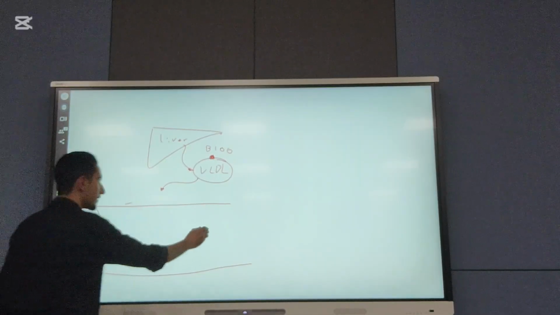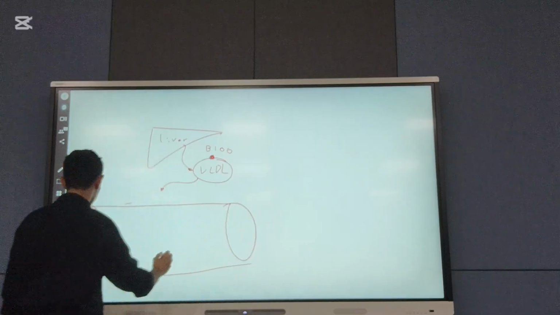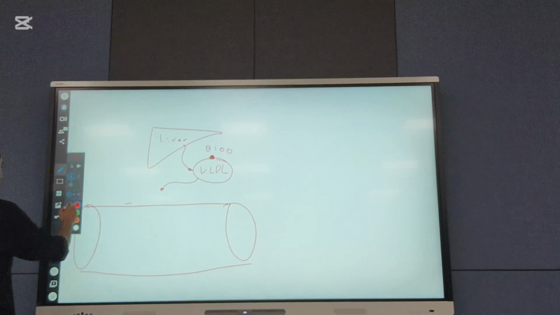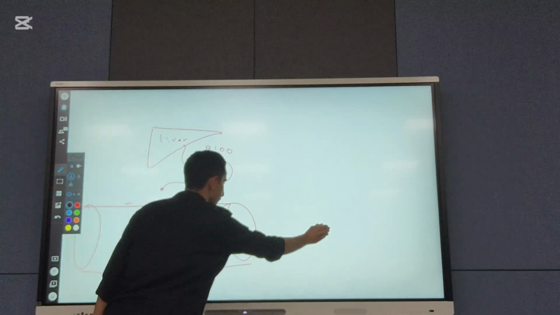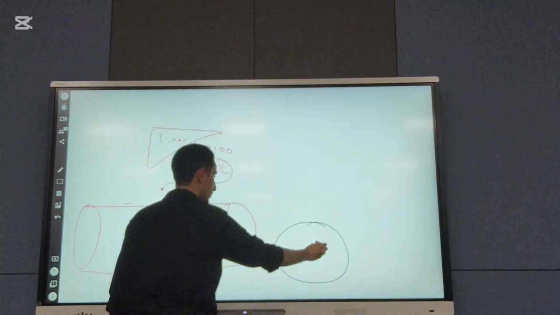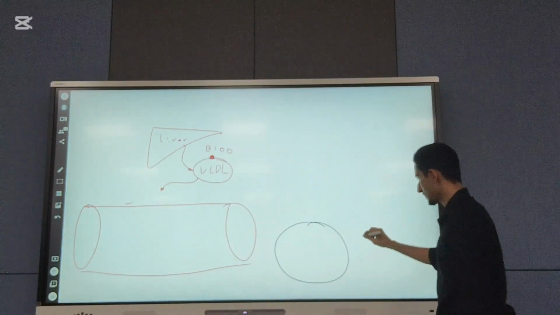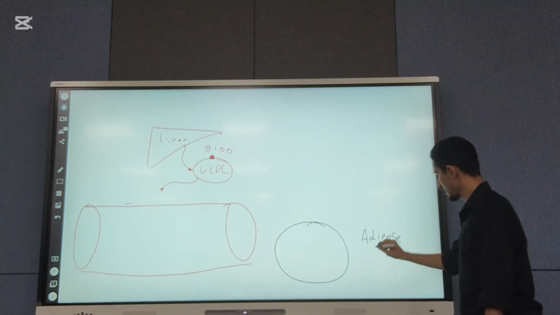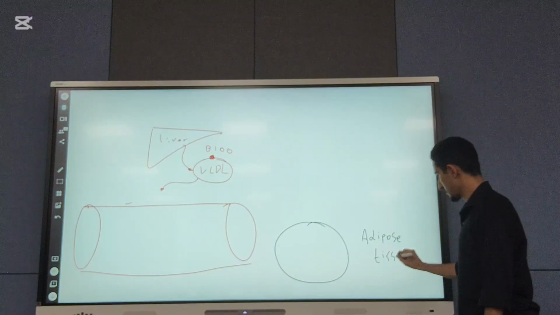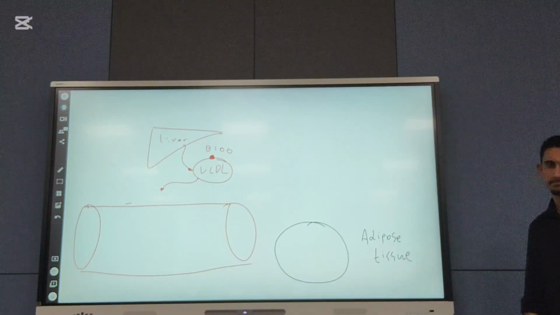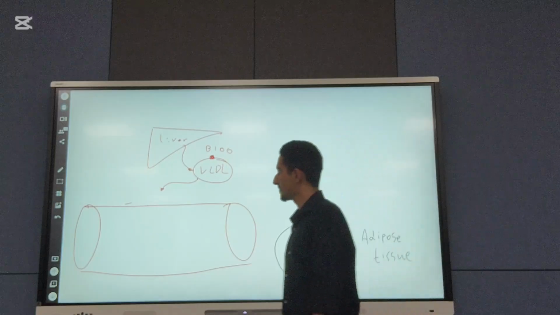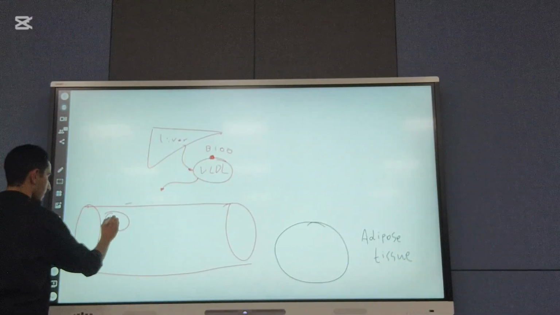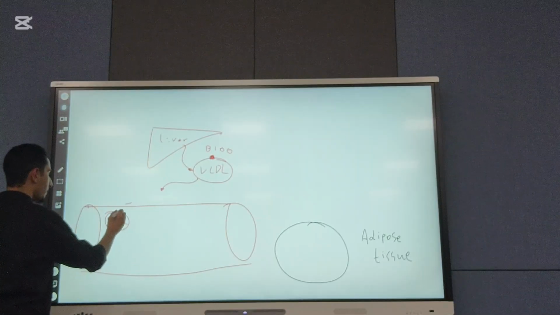Here's the blood vessel. Okay. And for example, I'll draw the tissues. Adipose tissue. تمام. طيب. The VLDL enters with the ApoB100.